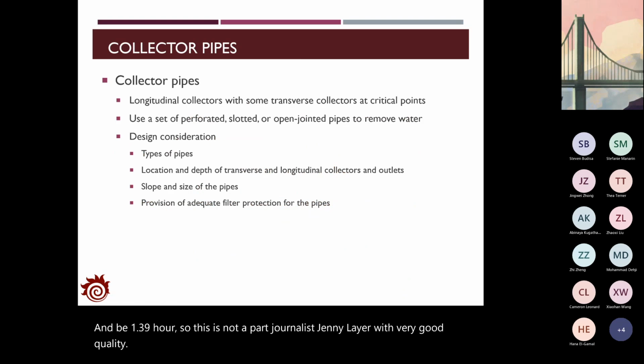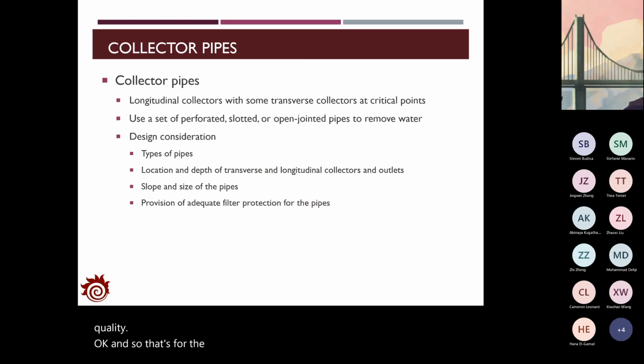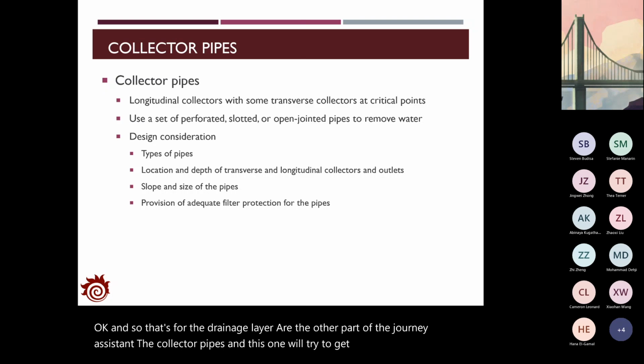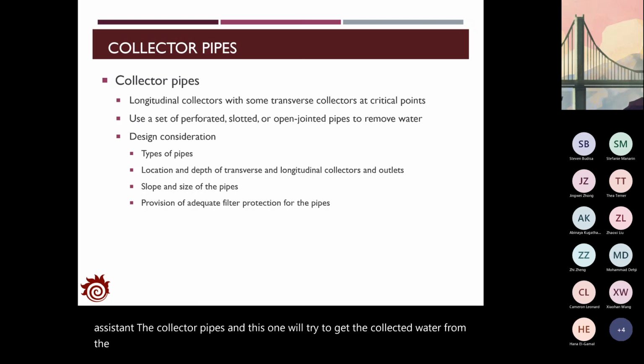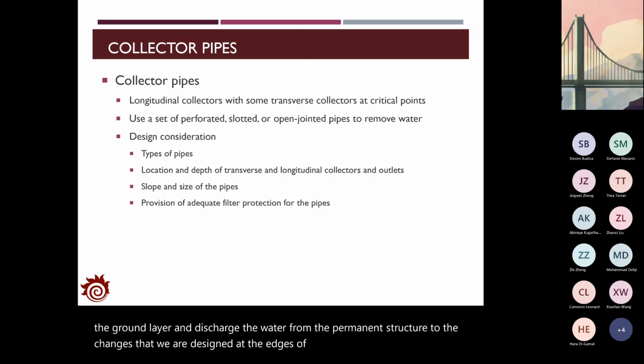Okay, and so that's for the drainage layer. The other part of the drainage system is the collector pipes, and this one will try to collect the water from the drainage layer and discharge the water from the pavement structure to the trenches that we designed at the edges of the pavement.